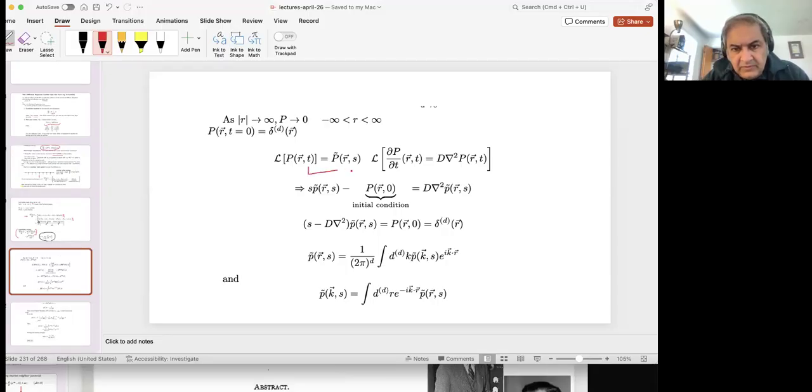This is where the Laplace transform has been done. So the Laplace transform of the original equation, del P del t of r,t equals D del square P, yields this equation here.